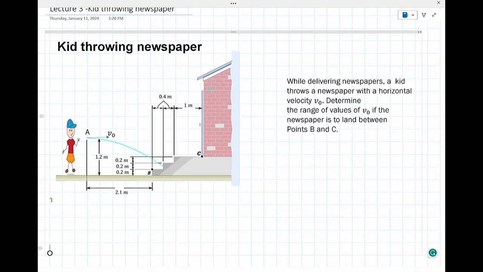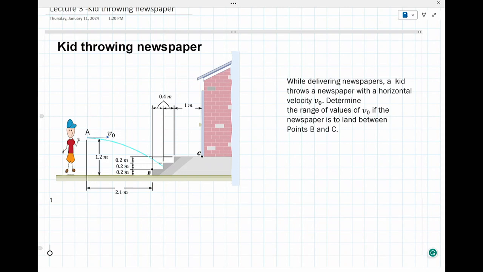The distance that describes point B to the kid, 2.1 meters. The horizontal extent of the steps, which is 0.4 meters. And the distance from the top of the steps to point C, which is another 1 meter. So you have a lot of stuff to keep track of.